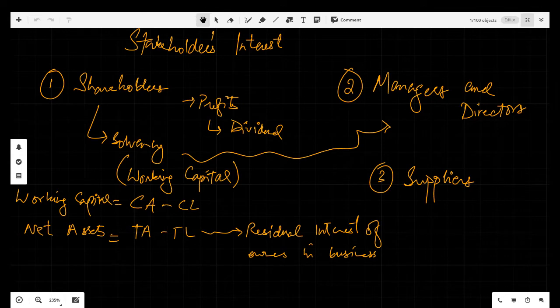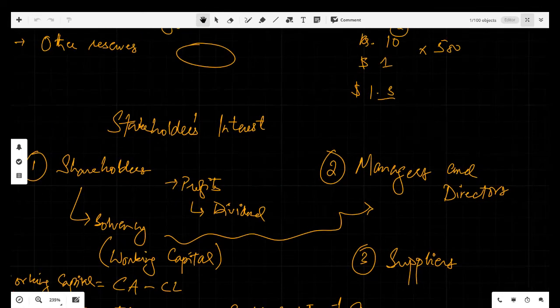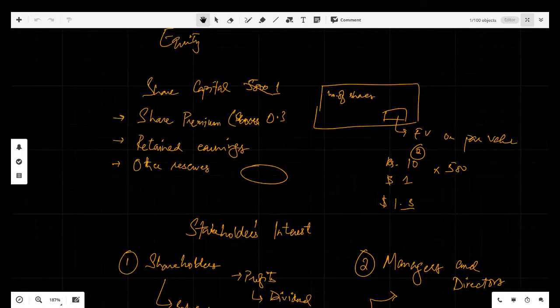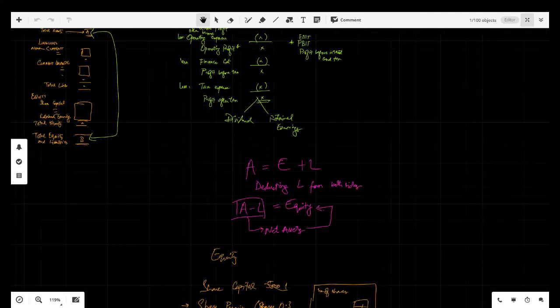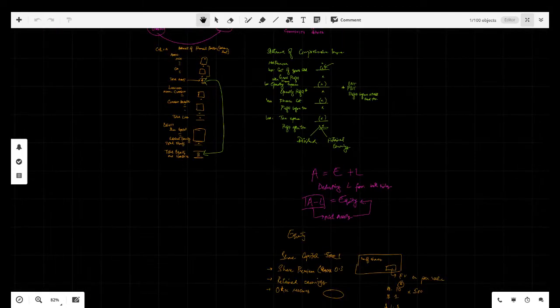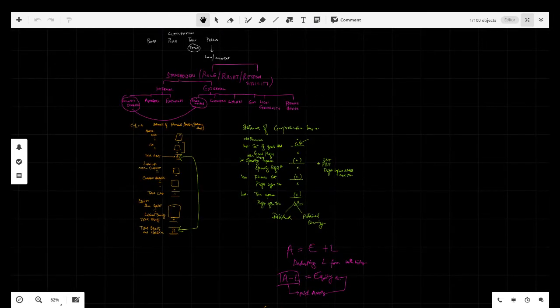I think we did a more thorough discussion over this yesterday or sometime back, about what these different stakeholder groups would be looking at in the financial statements.